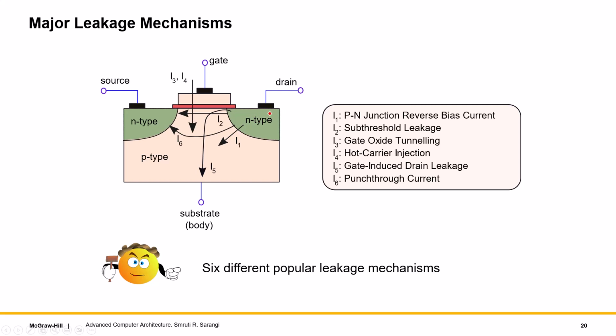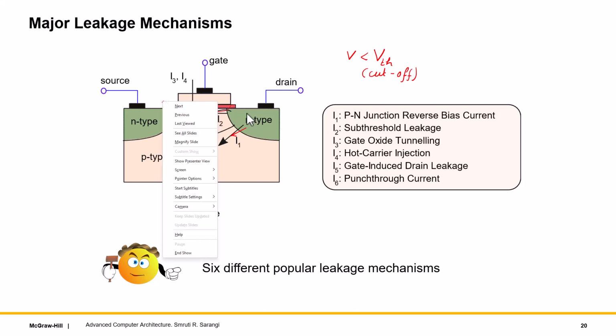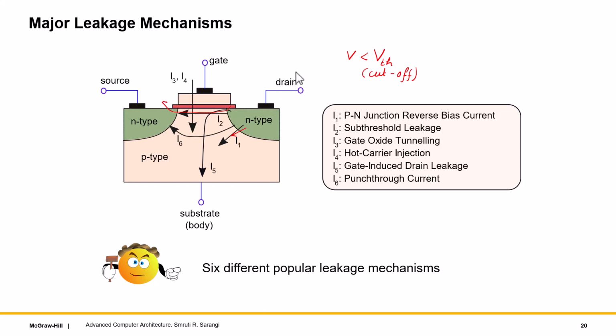Many times we have quantum mechanical reasons as well. This current flows like this. You don't expect current flow like this, incidentally. Then we have sub-threshold leakage. That's a very important source of leakage, where even if the voltage is less than the threshold voltage, which means the transistor is in the cutoff stage, and ideally you expect zero current flow, you still have some current flow. This is known as sub-threshold leakage, which is a significant issue.